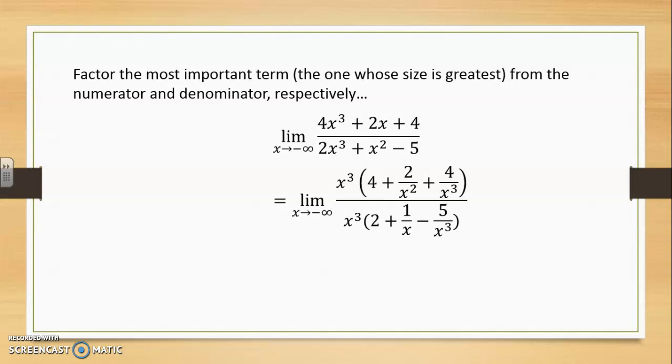Once again, the biggest terms can be eliminated. So I've eliminated the common x to the power 3's from top and bottom. And the outcome of this limit will also be 2 because all terms, 2 over x squared, 4 over x cubed, 1 over x, and 5 over x cubed tend towards 0 when divided by an extremely big number.